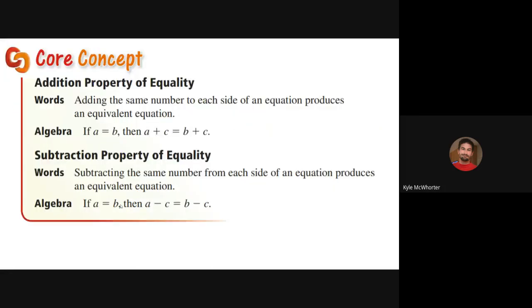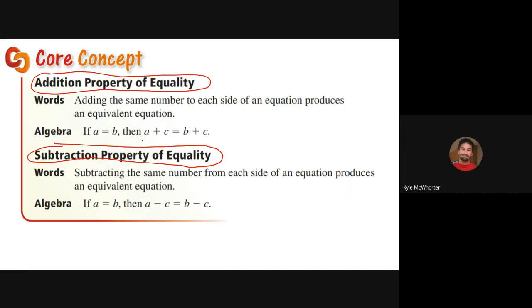Okay. So here's the concept that we're going to use to allow us to solve these equations. The addition property of equality. That's one property that we can use, and the subtraction property of equality. And technically, they're sort of the same thing because subtraction is just adding a negative, right?